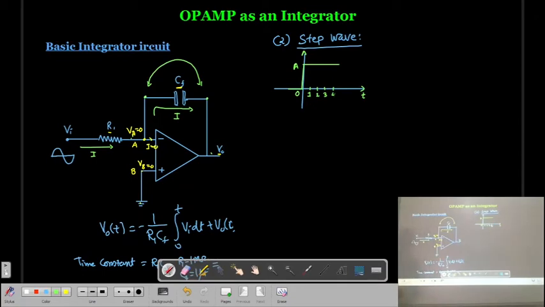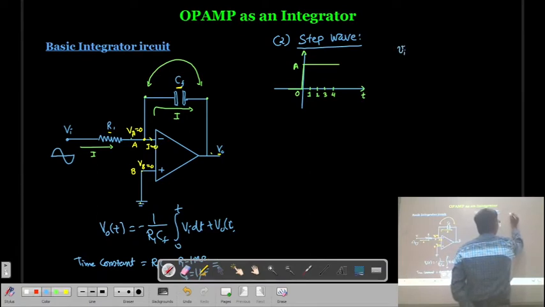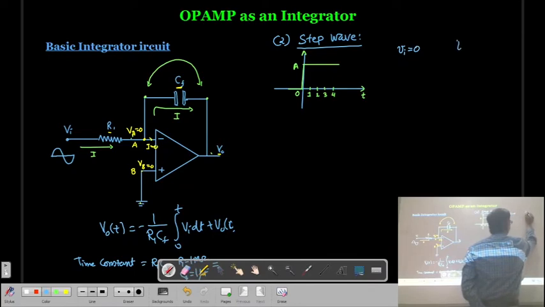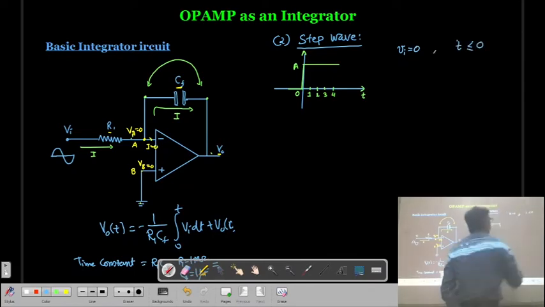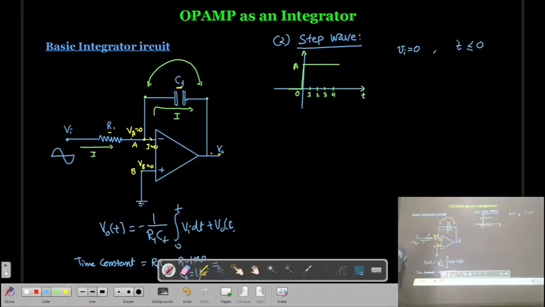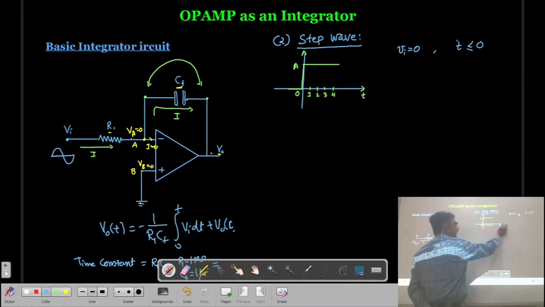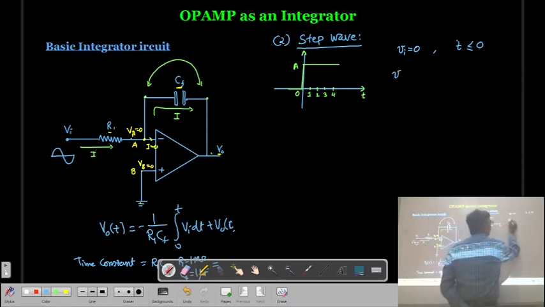So we can write this step wave in this way: the input voltage is 0 if t is less than or equal to 0. Then after this, what is the amplitude of the input voltage?